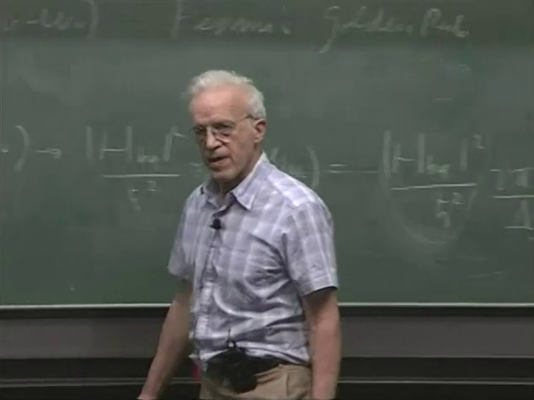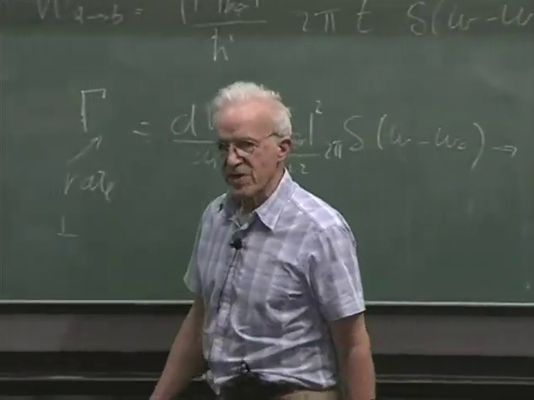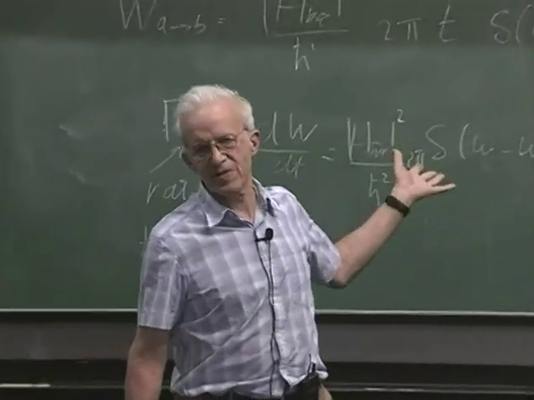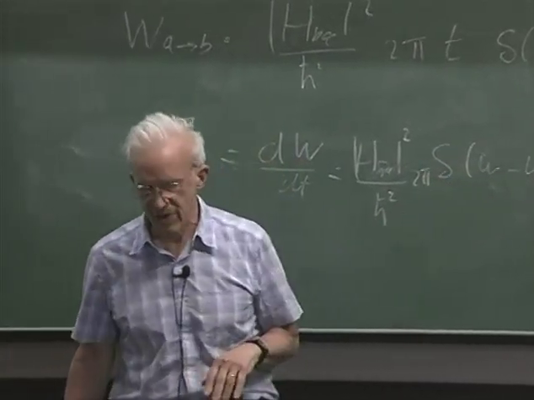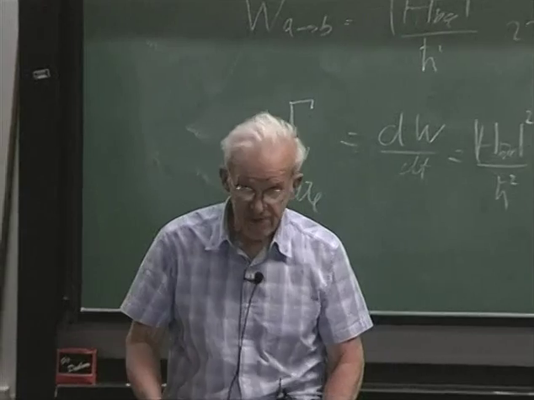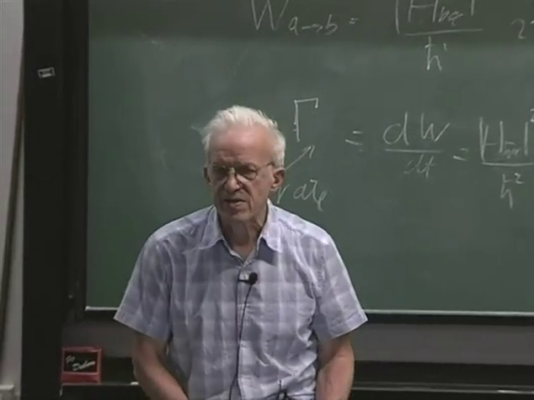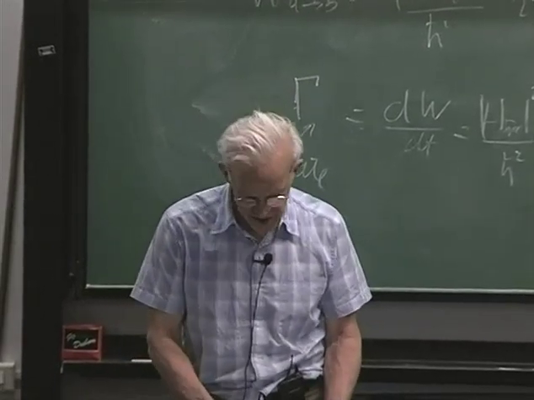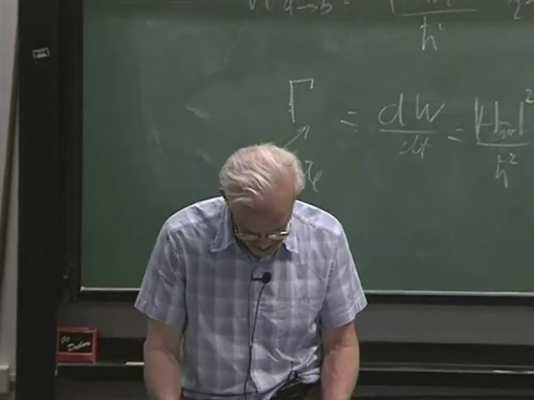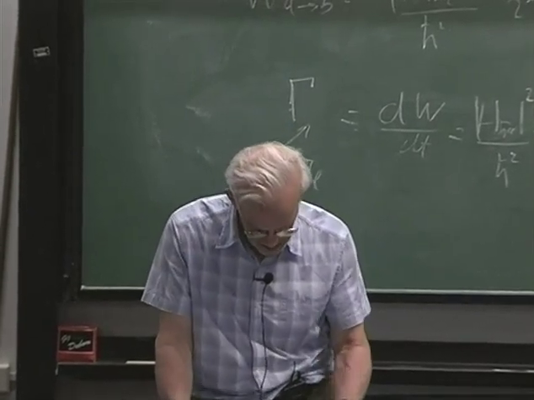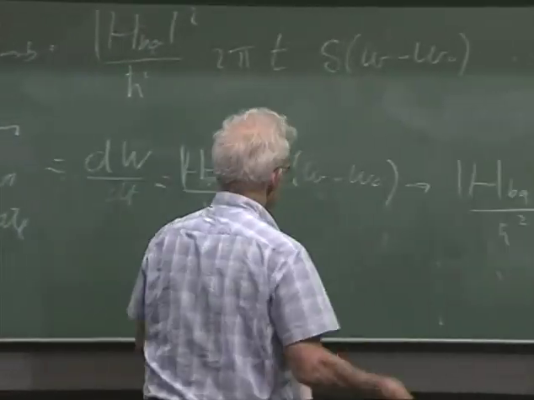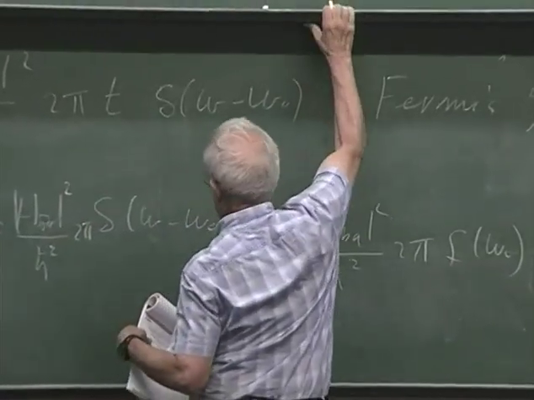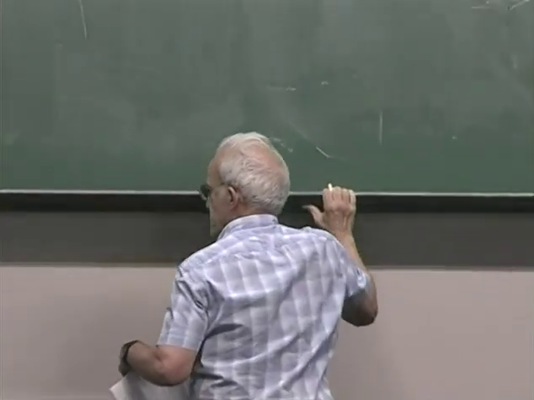If the spectral width is narrow compared to the Rabi frequency, then this perturbation theory no longer works. It becomes a time-dependent process. But in general, the spectral width of most sources, except perhaps laser sources, is always very large compared to the Rabi frequency. So we can now put these together to look at the case of spontaneous emission.